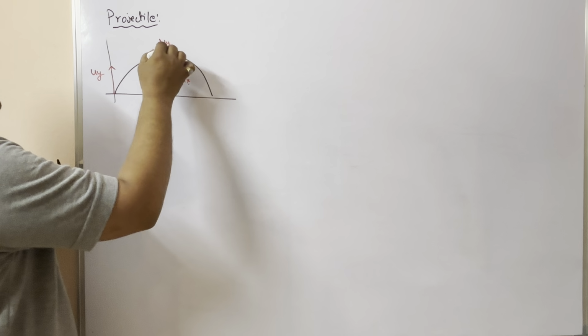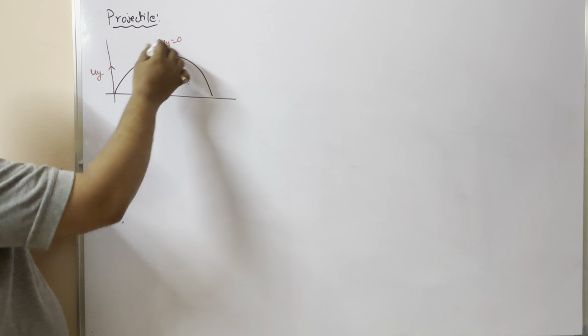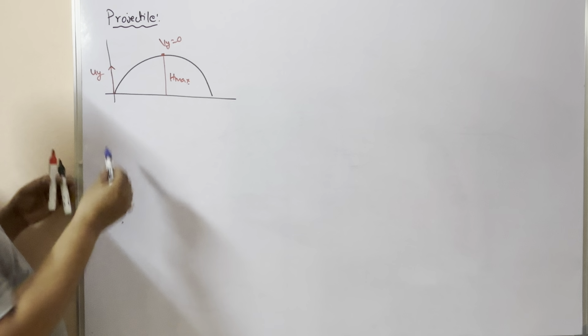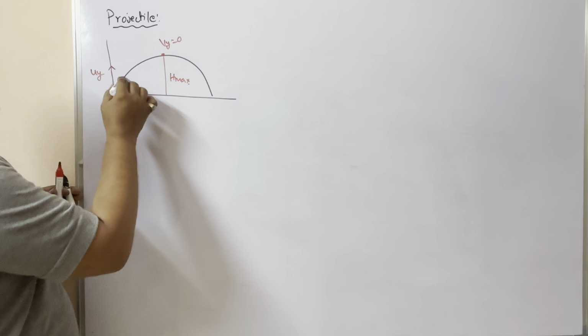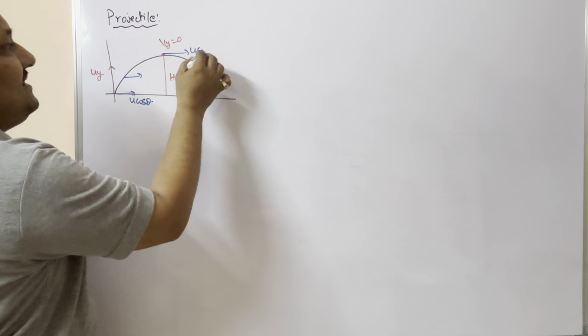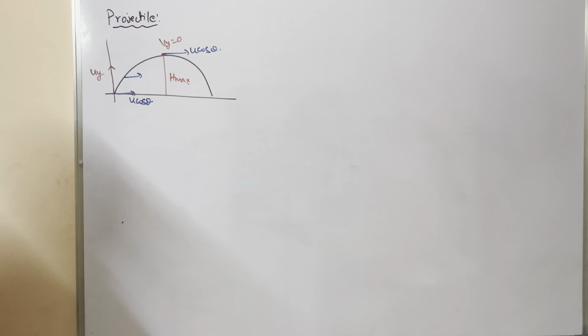After reaching the top, vy is going to become 0. Vertical velocity becomes 0. But we said already the horizontal velocity, u cos theta, remains the same. Therefore, at the top of the projectile or maximum height, velocity is going to be u cos theta.